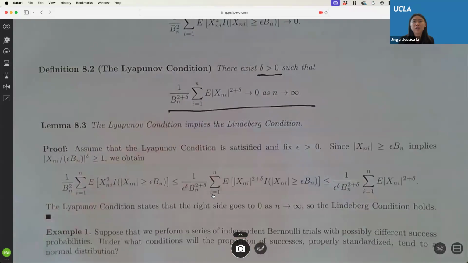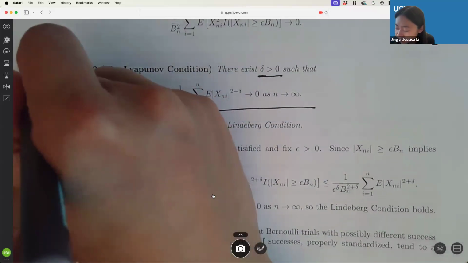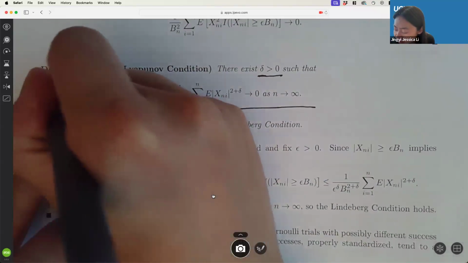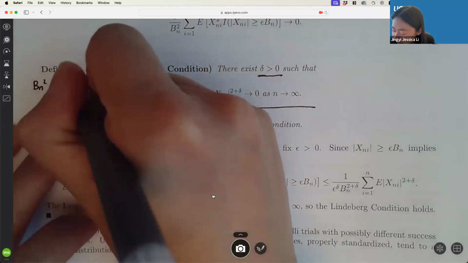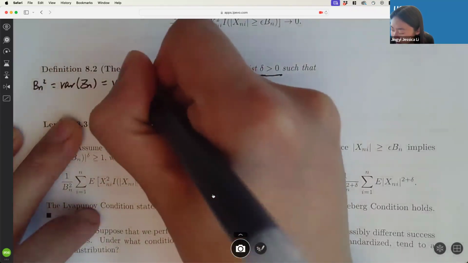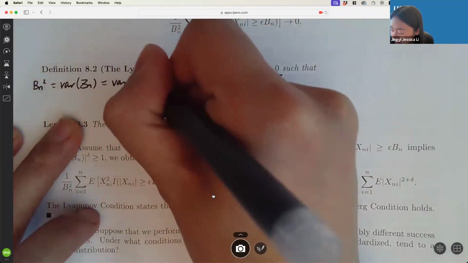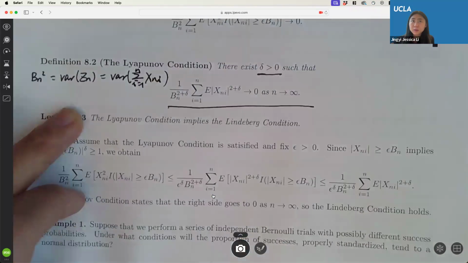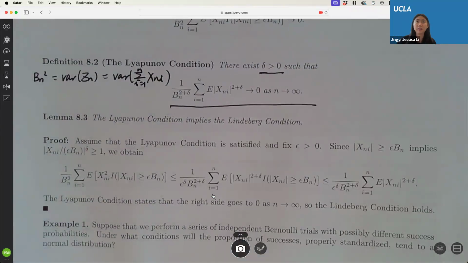What is this? Remember how we define Bn squared, right? Bn squared is the variance of Zn, the partial sum, which is the variance of the sum of xni, i goes from 1 to n. This is Bn squared.